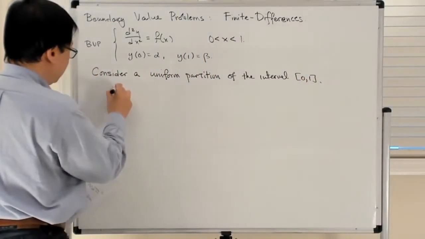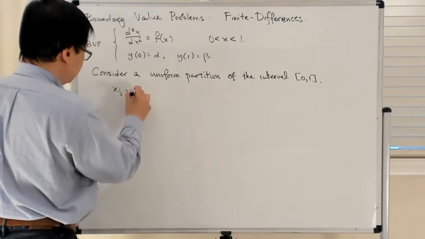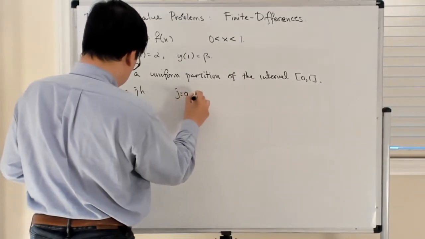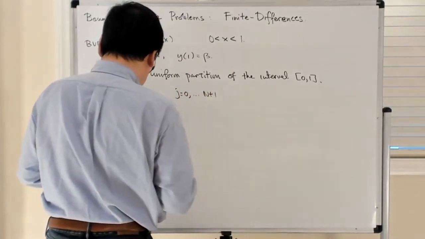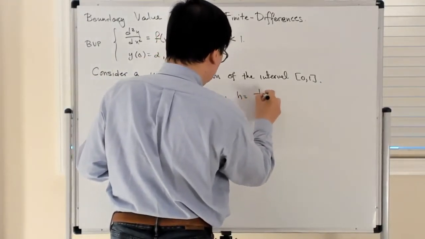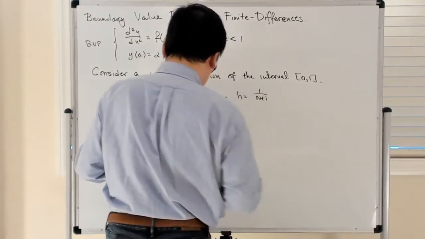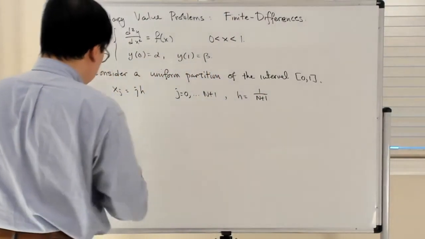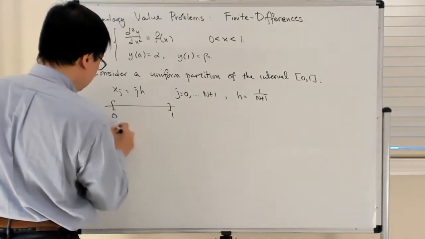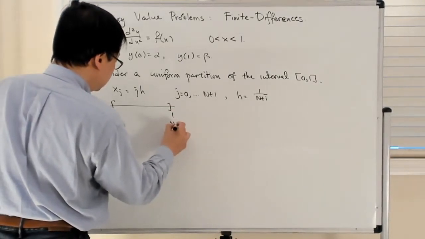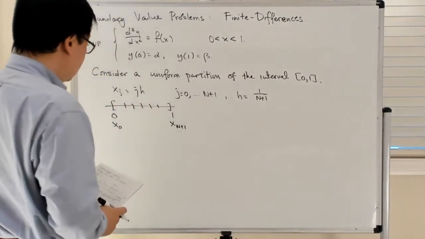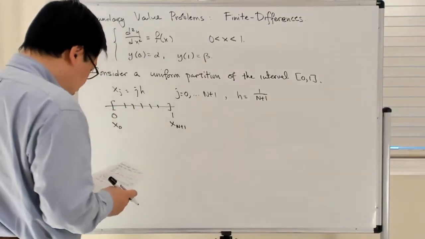Okay, and so you have xj, for example, is equal to j times h, and j goes from 0 to n plus 1, and then h is 1 over n plus 1. Again, you have the interval from 0 to 1. This is going to be x0, this is going to be x n plus 1, and then they're uniformly spaced points xj between them.